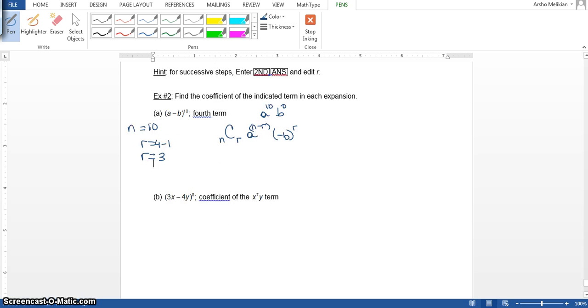Okay? So n we now know is 10. So this is 10 and 3. A to the power of n minus r, 10 minus 3 is 7, times negative b to the power of r, which is just 3. This goes in the calculator.